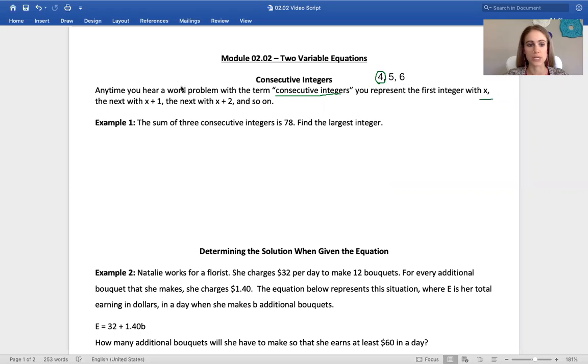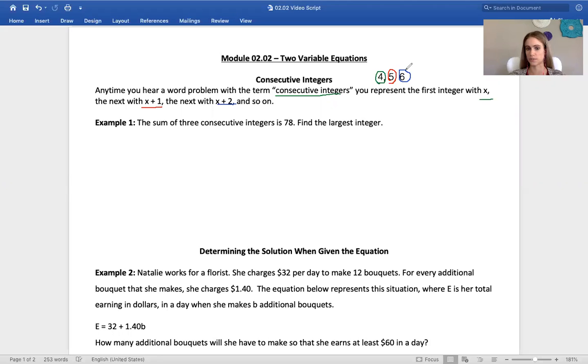So we can represent that second integer with x plus 1. Then the third integer, we represent that with x plus 2 because it is 2 more than your very first integer, your x. And we can continue on with this pattern if we were finding 4, 5, 6, etc.